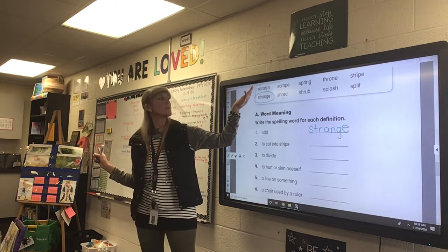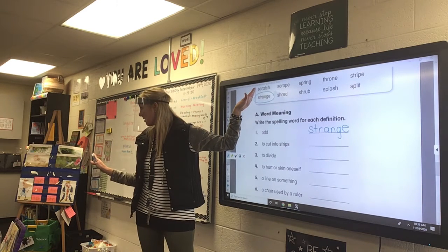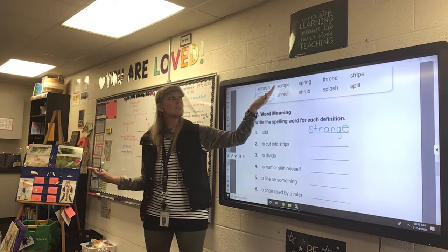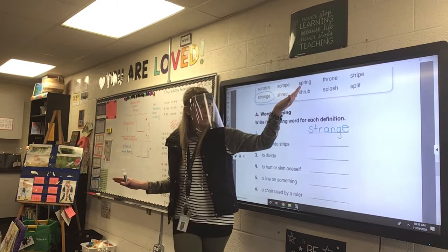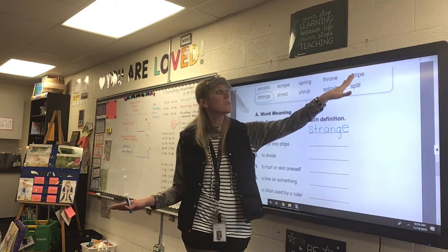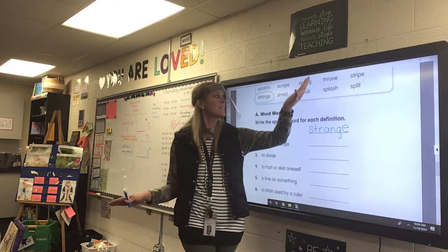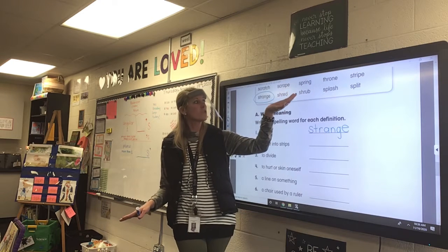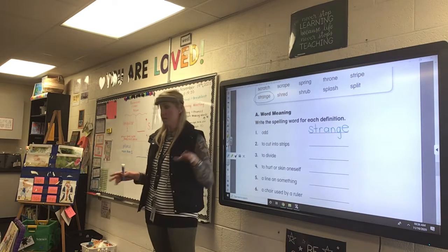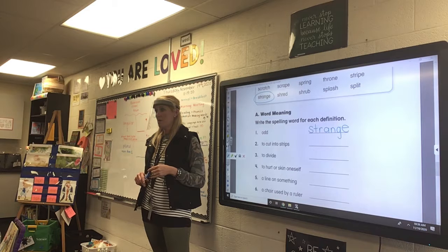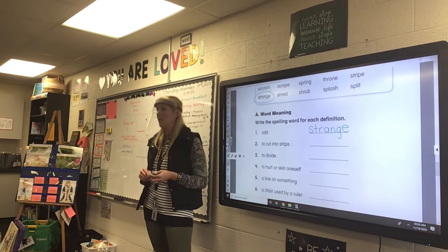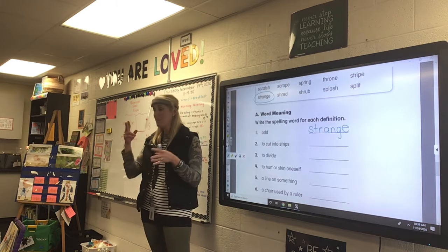Carson, think. Scratch, scrape, spring, thrown, stripe, split, splash, shrub, shred. What do you think, Charlotte? Shred. Like I'm shredding the paper into many pieces.